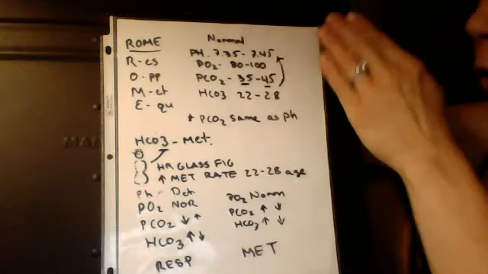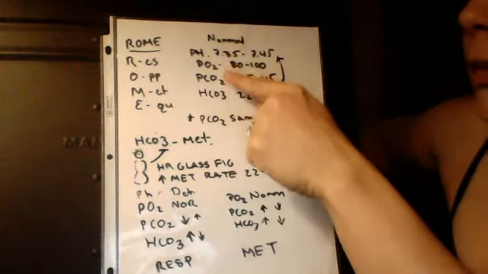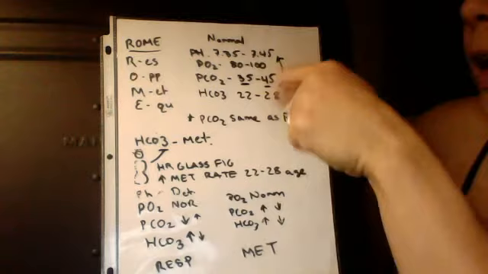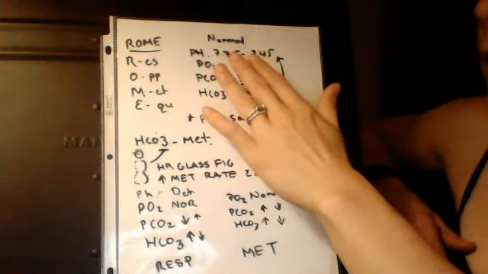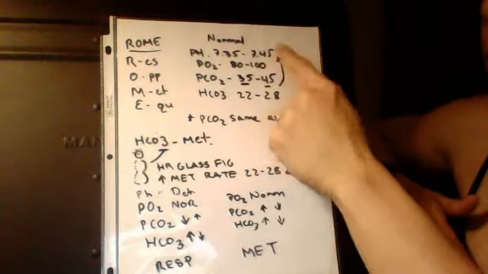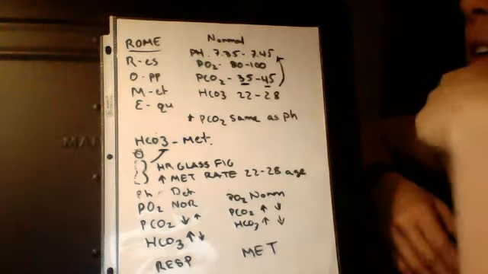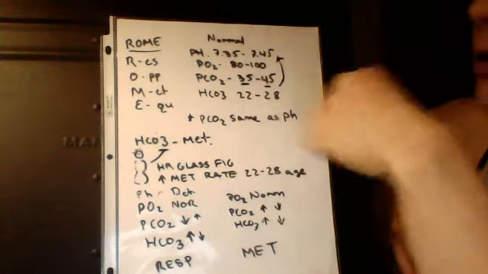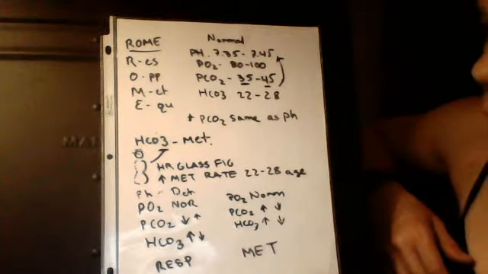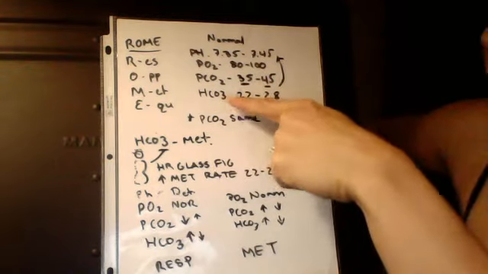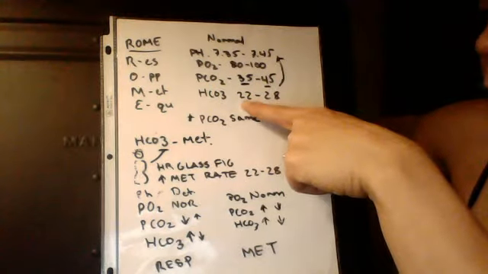So basically, let's start off by looking at our normal values. Again, pH 7.35 to 7.45. Think your body likes the middle of the range. Middle of the range for your age is 35 to 45. We call that middle age. You have your O2, your CO2 is the same as your pH, and then you have your metabolic. So that's normally from 22 to 28.